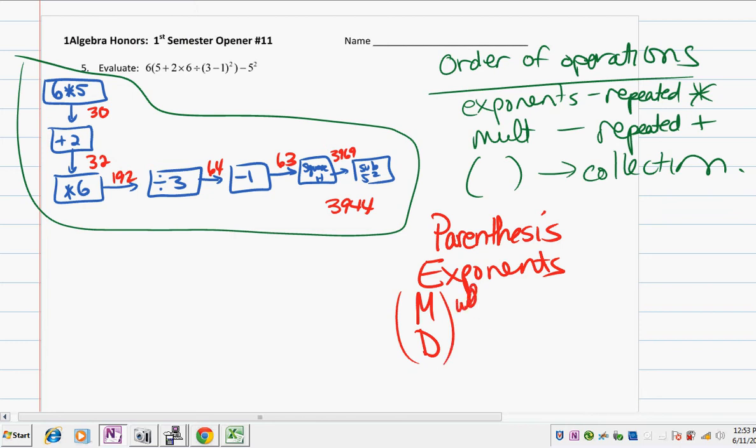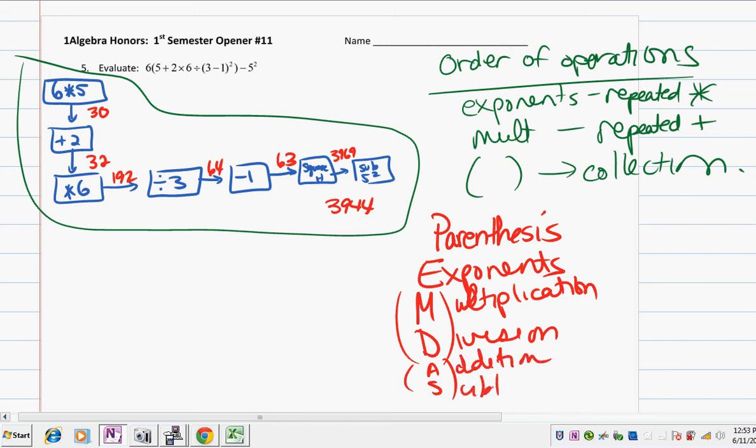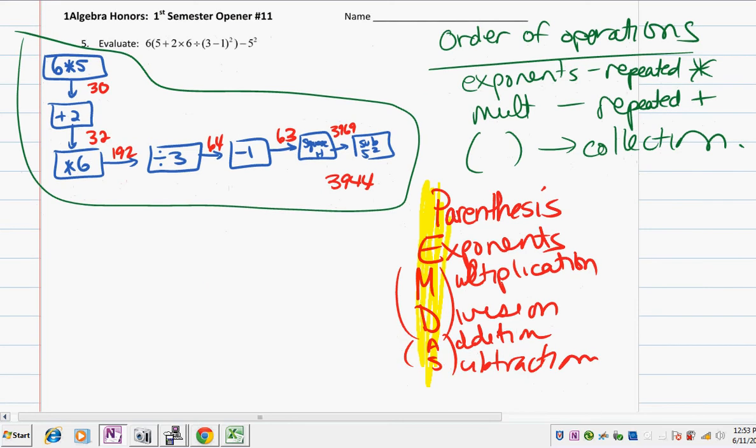It's not that multiplication is more important than division or vice versa. And same with addition and subtraction. And some students remember this acronym goes down PEMDAS. Now when you have things of equal value, you work from left to right. That's the other important thing. Else go left to right.